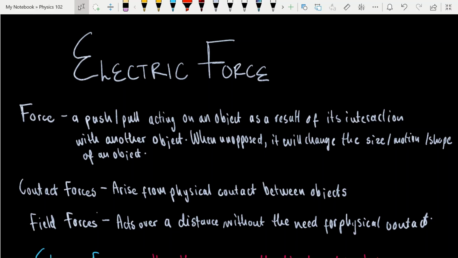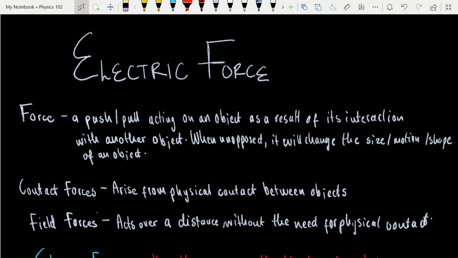All right, so here's a quick prelude to this idea of electric force. First we'll talk about the force, just a quick rundown through what a force is, the types of forces, and then we'll see where this guy fits in.